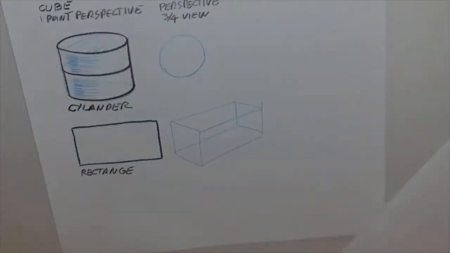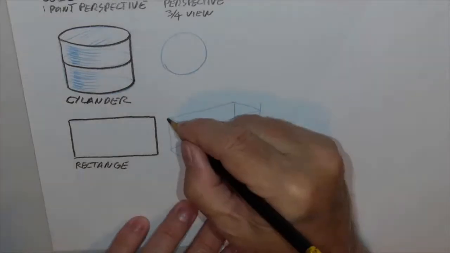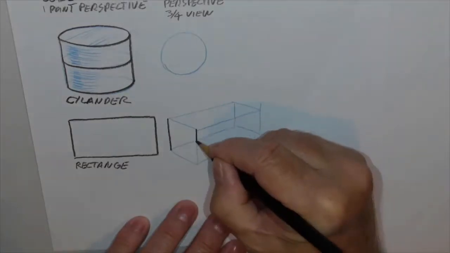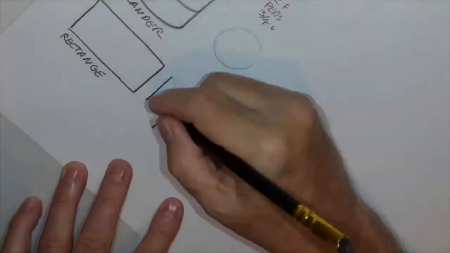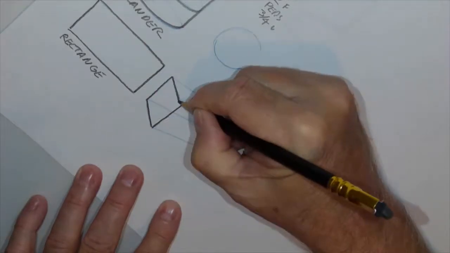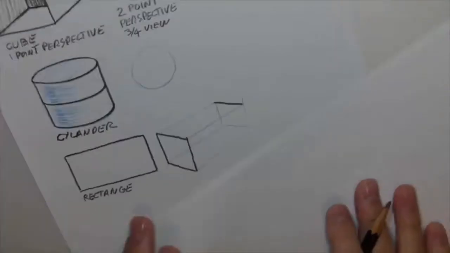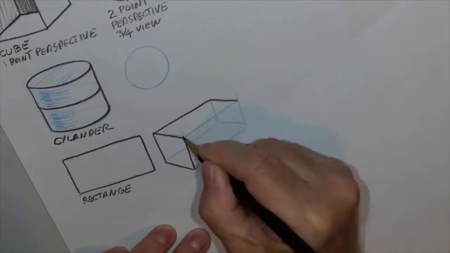Okay. So again, if I fill this in, well, I'm going to have it open on the front. Again, I've drawn through, so I know where lines are supposed to line up. And I'm going to have an open box at the front.